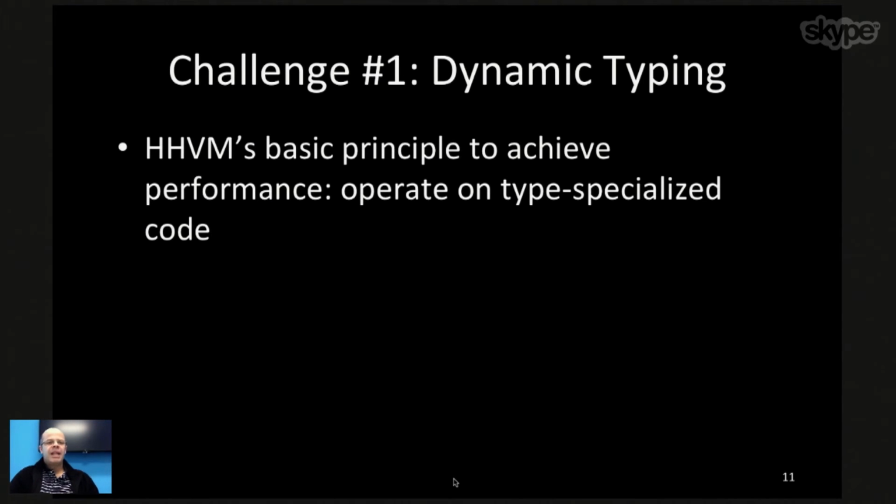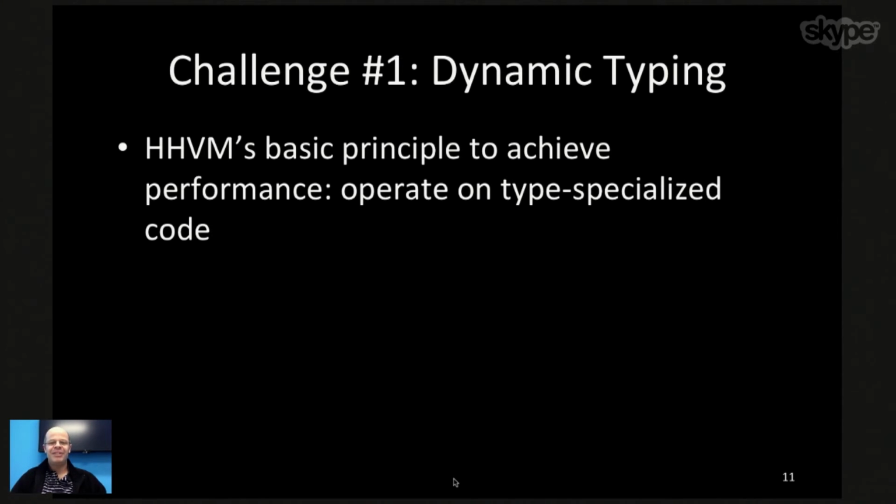So we'll start with dynamic typing. The problem with dynamic typing is that if you don't know the types of the variables you're operating on, you have to generate very generic code. Even if you see an addition, you have to consider that the operands may be an integer, a double, a Boolean, an array, or an object, things that sometimes happen in scripting languages, and they need to work.